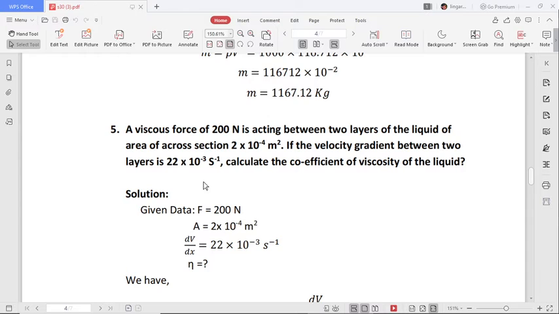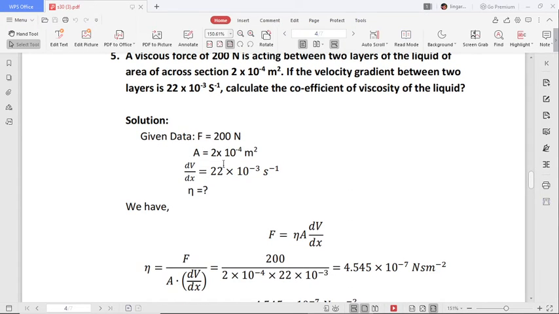It is very simple. So F is given, 200 Newton, A is given, 2 into 10 to the power of minus 4 meter square. dV by dx, the rate of change of velocity, is 22 into the power of minus 3. So that is the velocity gradient.